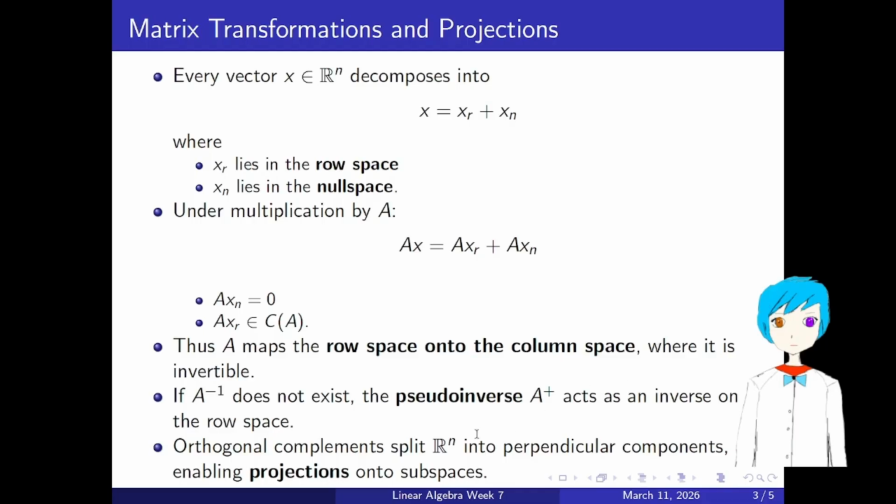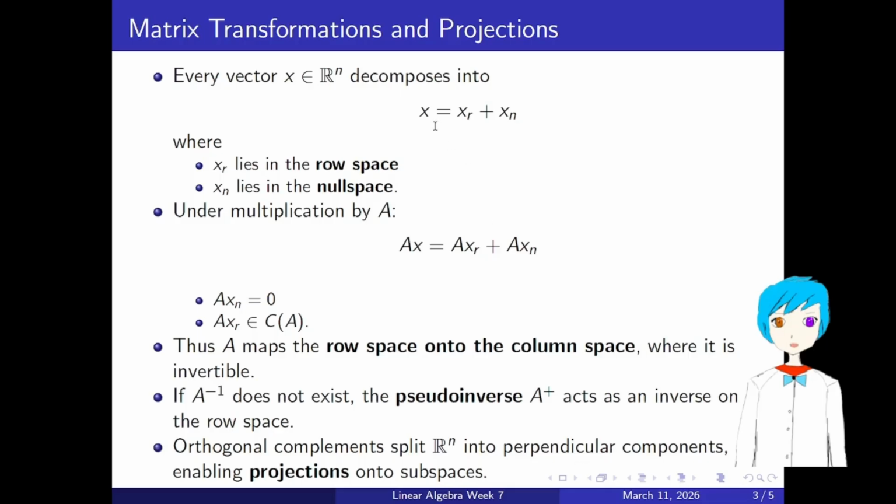If A inverse does not exist, then the pseudo inverse acts as an inverse on the row space. Basically, the pseudo inverse converts a vector in the column space back to the row space. Orthogonal complements basically split Rn into perpendicular components.